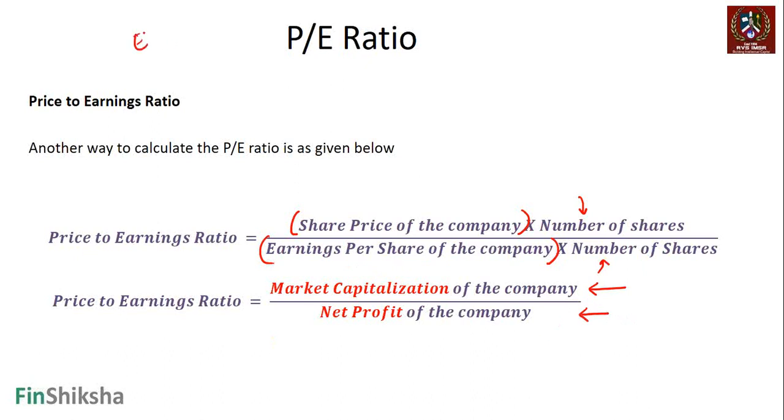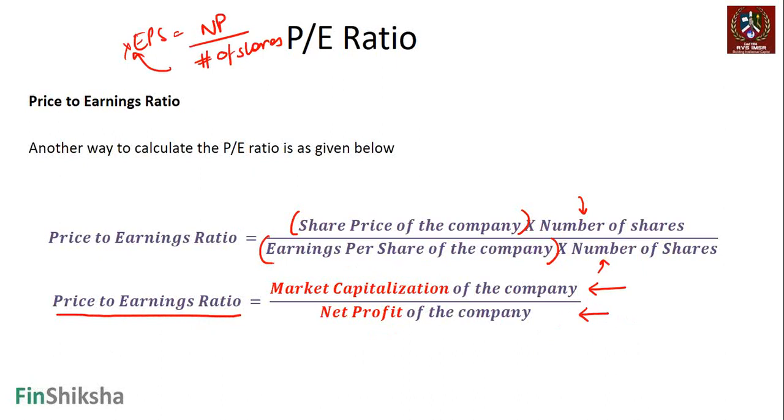Remember, EPS was calculated as net profit divided by number of shares. So if I multiply the number of shares with the EPS, I will get net profit. So I can directly use the market capitalization and net profit of a company to arrive at the price to earnings ratio of a particular company.